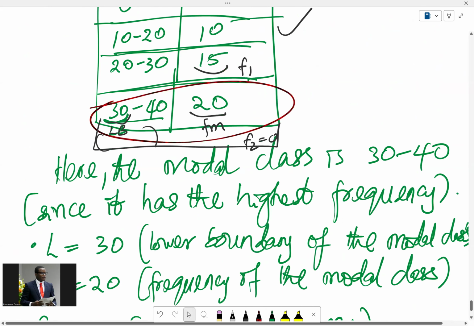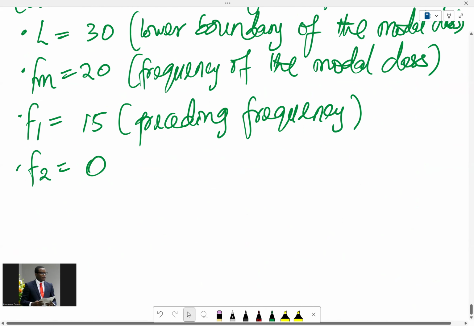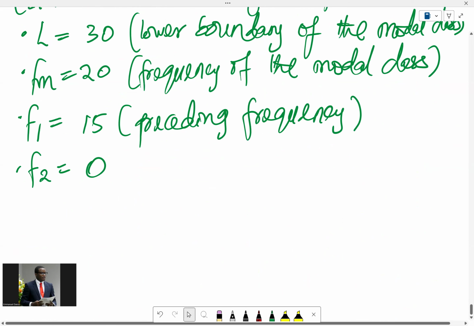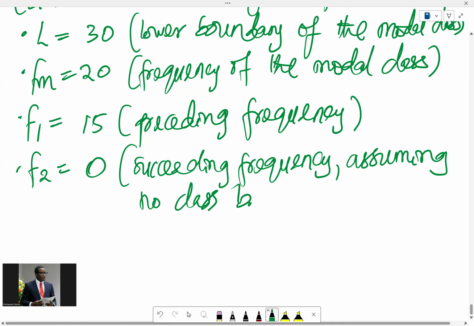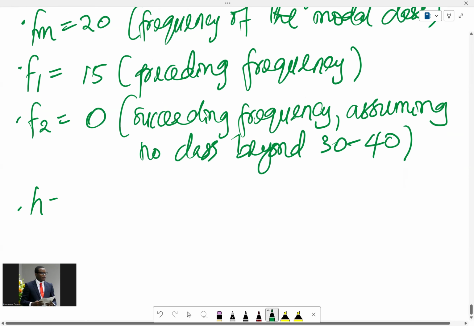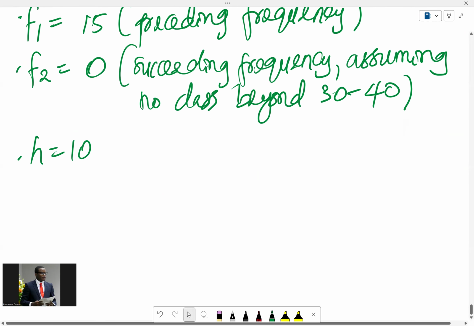Here there's no class after the modal class, so F2 is 0, assuming no class beyond 30 to 40. And of course, H is 10. That's the class width, the difference between the highest value in the class and the lowest value.